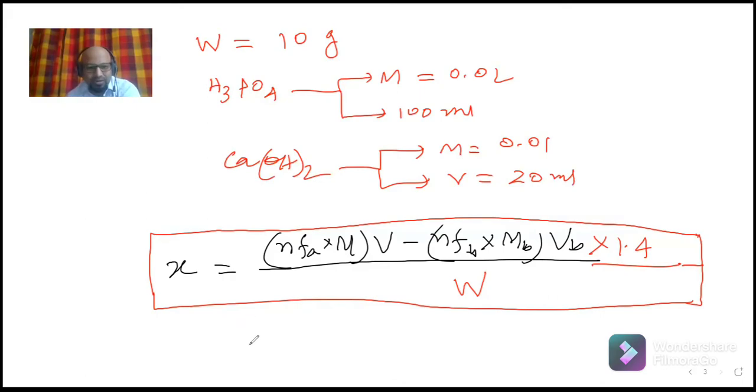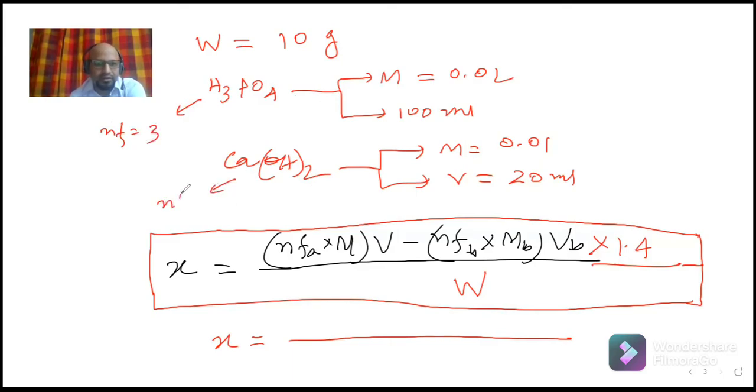Now I'll be replacing all these values here. So X is equal to, see that these are all different kinds of acid and base I have given you. So n factor of the acid here is 3, and for the base n factor is 2, because 2 OH minus can be produced here and 3 H plus can be produced there. So I'll write 3 into molarity, and molarity is how much? 0.02. Now volume is 100 ml.